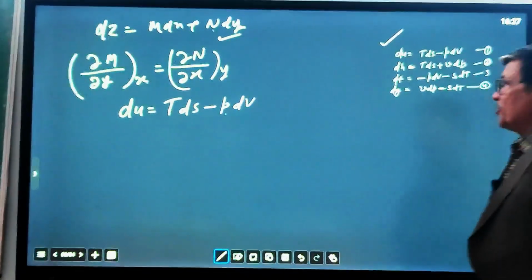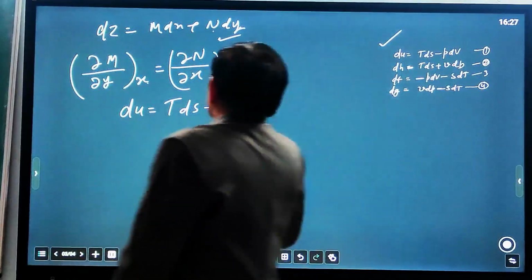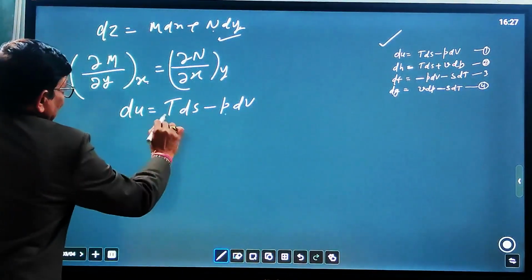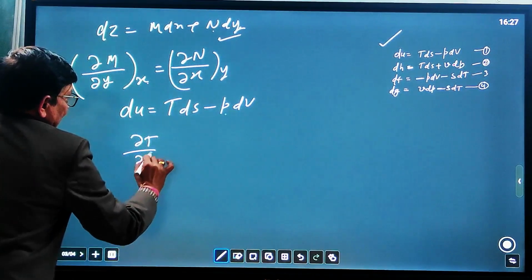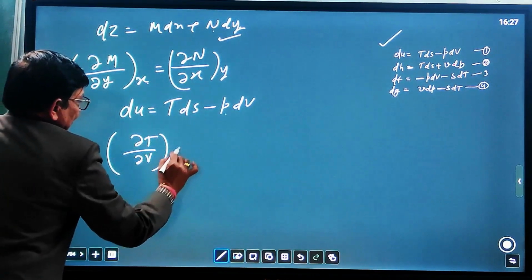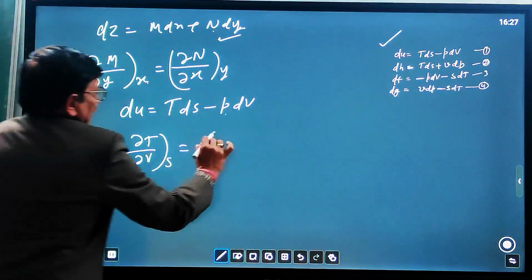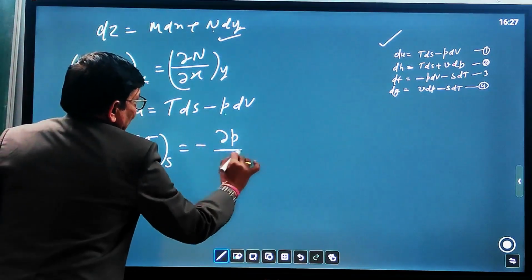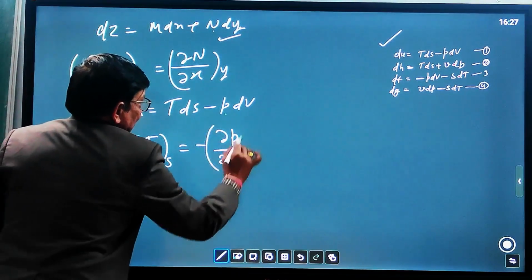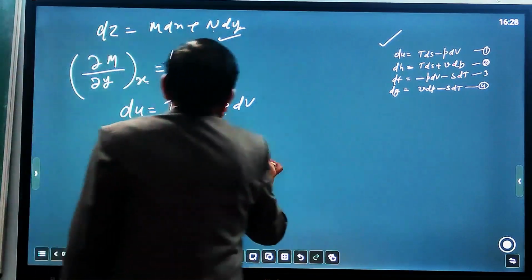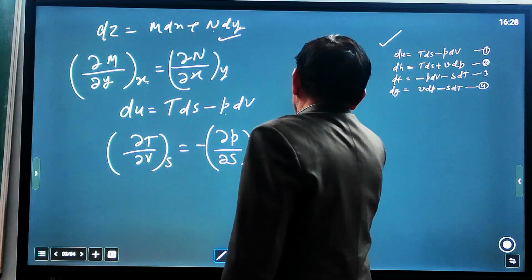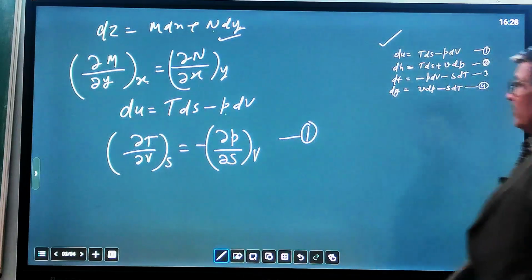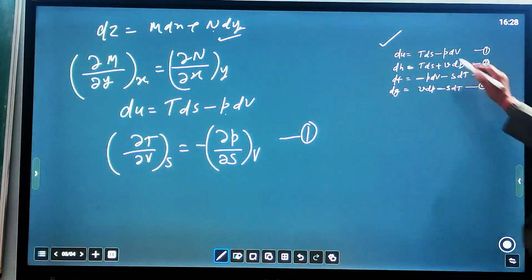So this relationship equals del T over del V at constant S equal to minus del P over del S at constant V. This is Maxwell relation equation number 1 corresponding to this one.